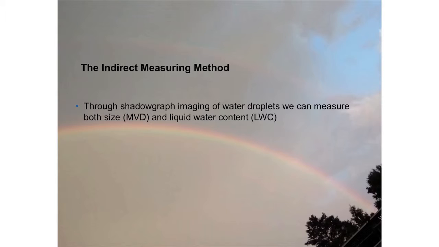So our indirect measuring method that we are using is shadow graph imaging. That's actually to take pictures of the water droplets. By that we can actually measure both the size and the concentration.